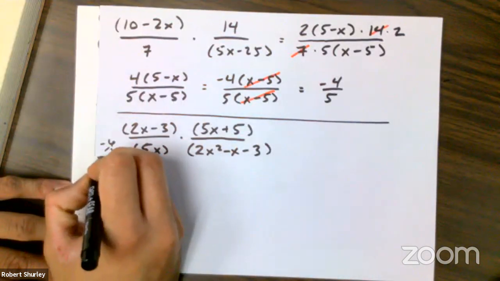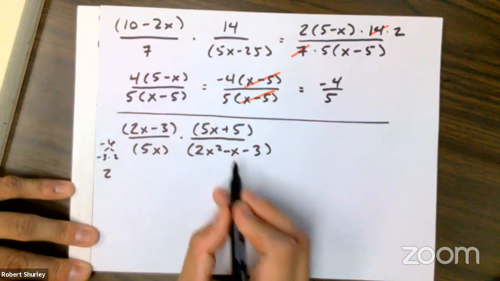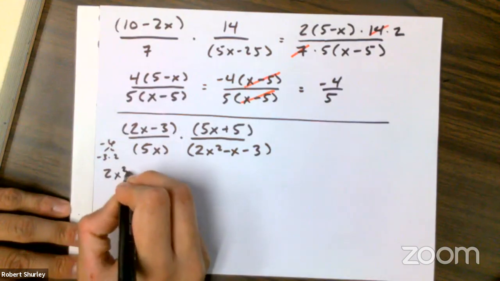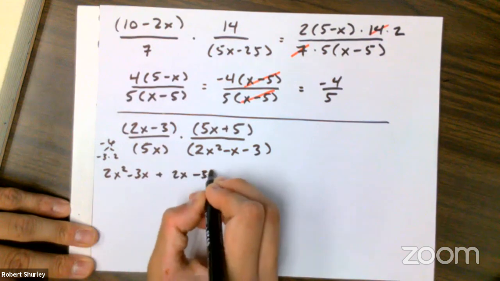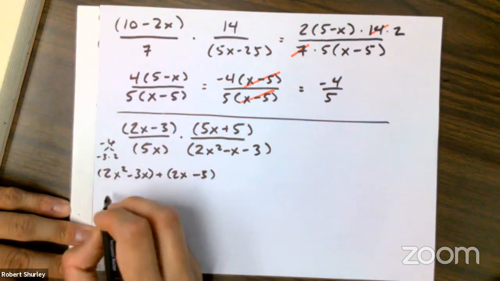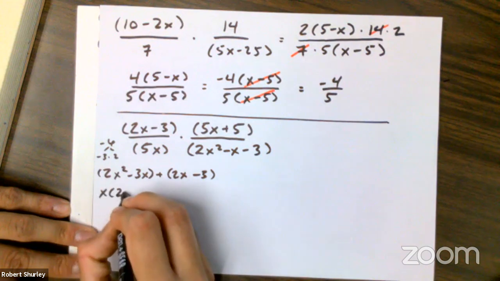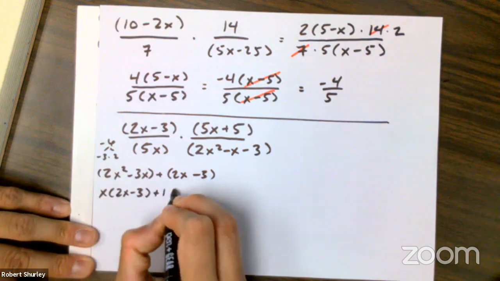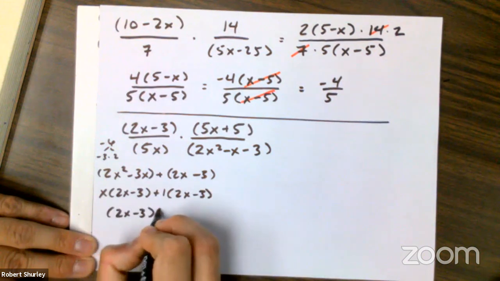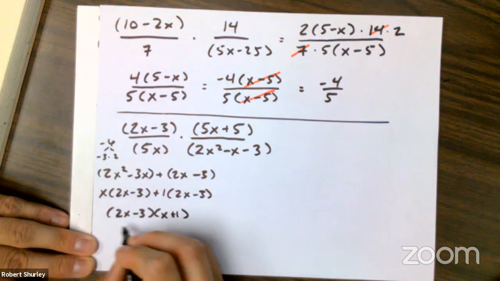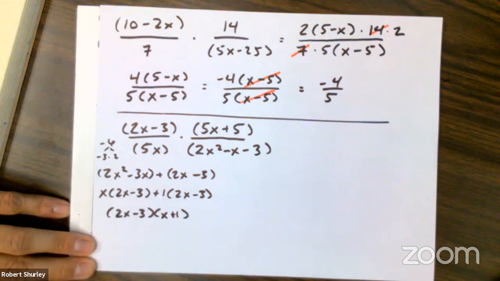That's got to be -3 and 2 to add up to -1. So I'd get 2x squared minus 3x plus 2x minus 3. Factor the x out. I'm left with 2x minus 3. Need to factor a 1 out because I need the same. So that trinomial factors into 2x minus 3 and x plus 1.